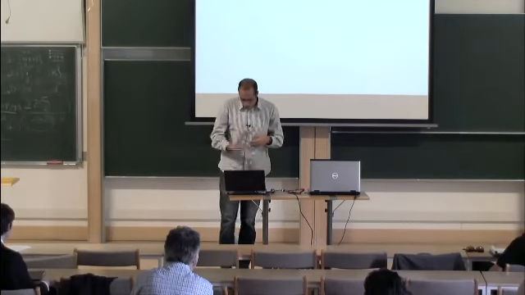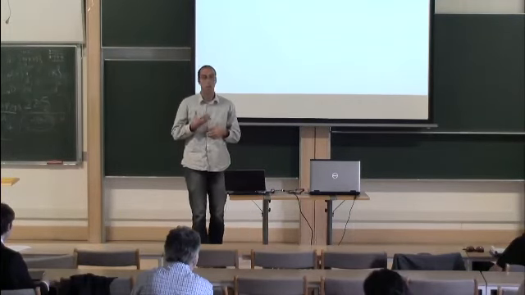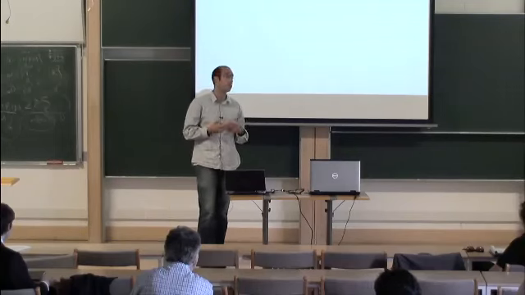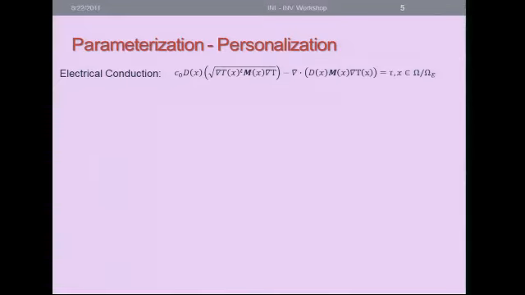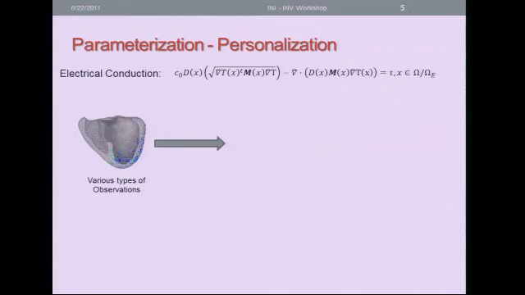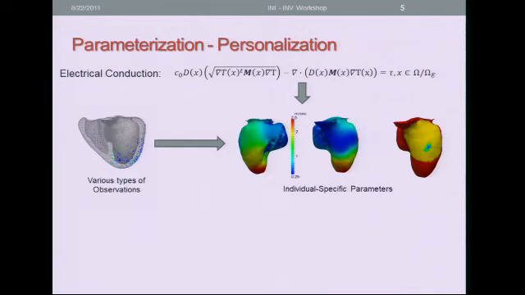As I said, the parameterizations are mathematical models, and most often they are given by partial differential equations. For example, what I show here is a descriptive model for the electrical conduction within the cardiac muscle. I will give more details about this model. But the idea is, having various observations from the patient or clinically available observations, the idea would be to have individual specific parameters so that we adapt the generic model to a specific case.